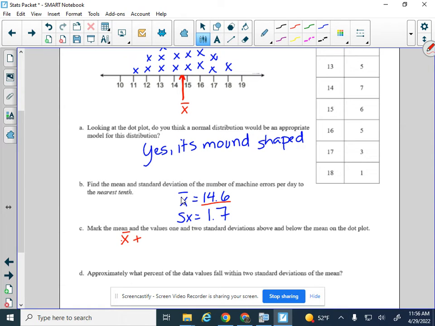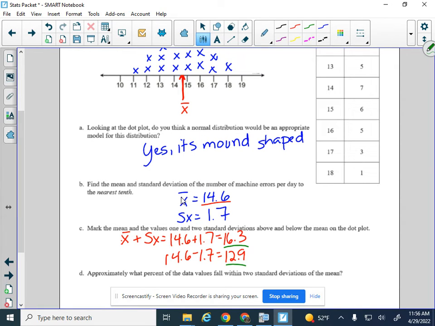So the mean plus 1 standard deviation is going to be 14.6 plus 1.7, which is 16.3. I'm also going to subtract it, and that is 12.9. So I'm going to mark those two in green.